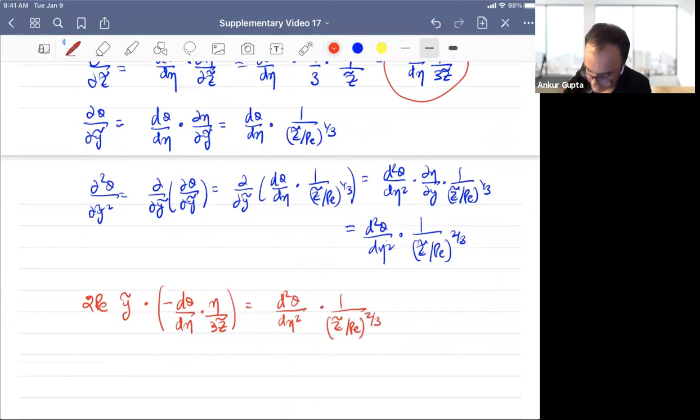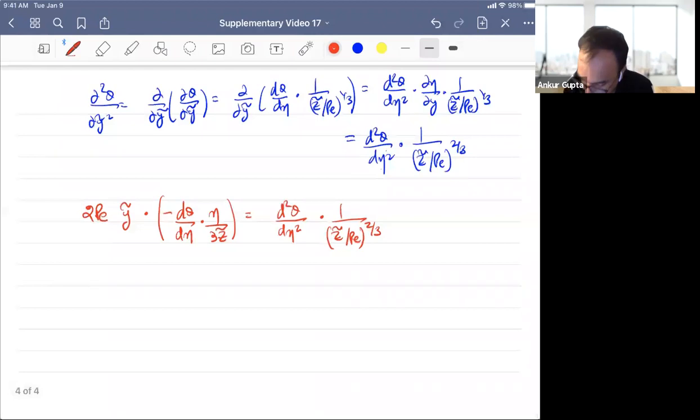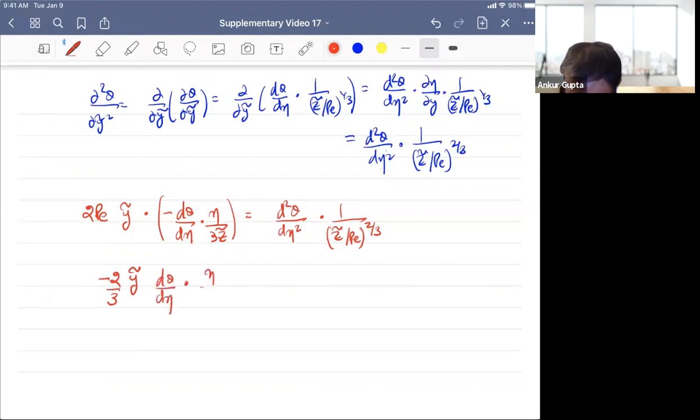Okay, so we get this here, and then finally, if you closely look at this, this becomes y minus 2 by 3 here. d theta by d eta is a pretty clever problem here, that you can see this as z tilde by Peclet, equal to d square theta by d eta square by z by Peclet to the power of 2 by 3.